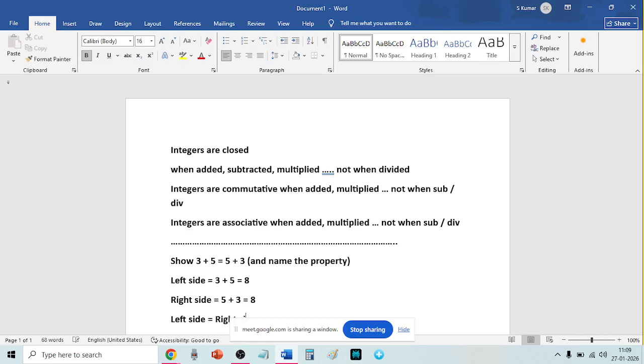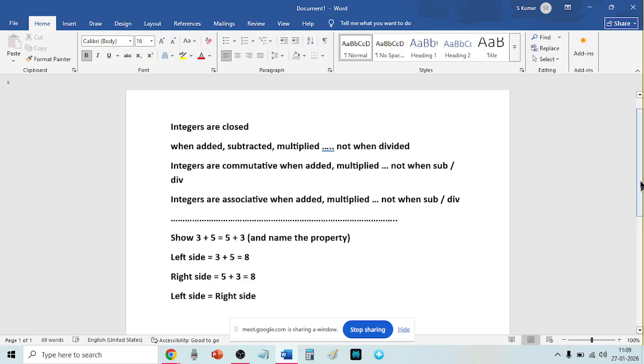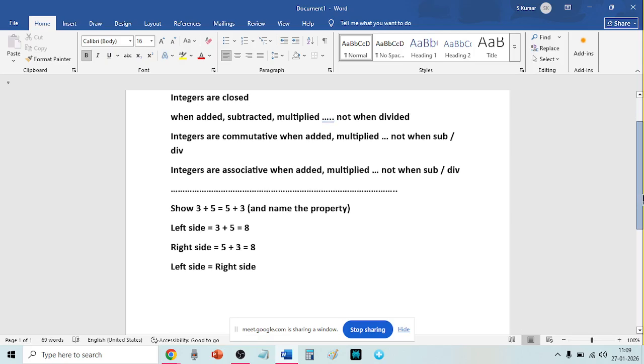And name the property. 3 plus 5 equal to 5 plus 3. What is the property? Commutative. This is commutative property. So this is the way we are given the questions.